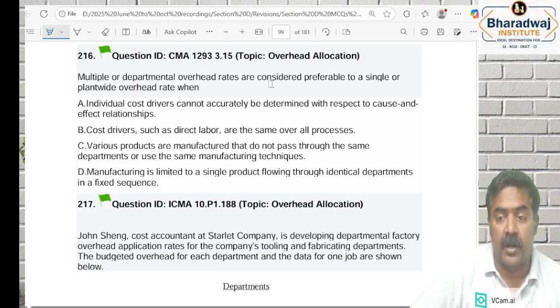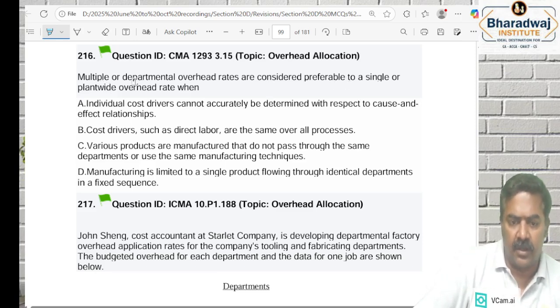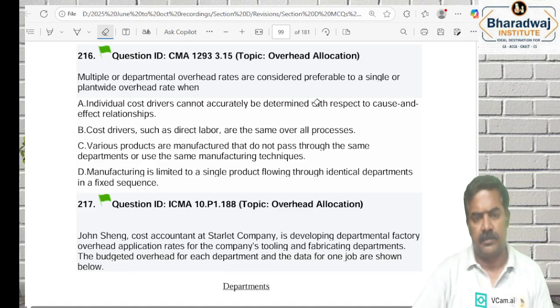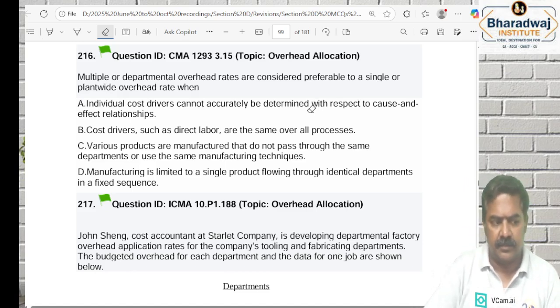Multiple department overhead rates are considered as preferable to a single or plant-wise overhead rate when... think.